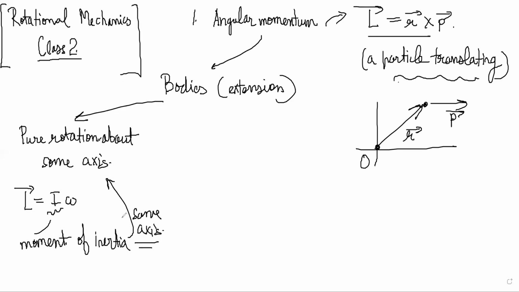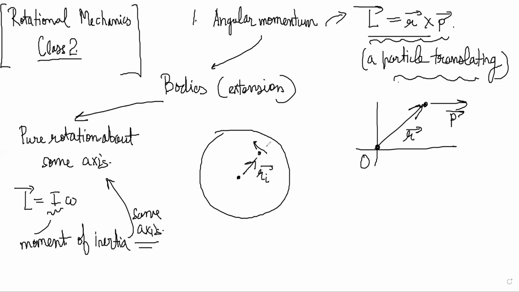This was coming from this derivation only, but because it's an extended body, you will do that for every particle. You'll do Ri cross m vi, and you will add up the angular momenta of each particle in the body. When you do that, vi is going to be omega cross Ri. So m Ri cross omega cross Ri will come out.